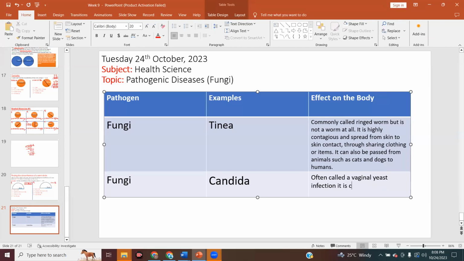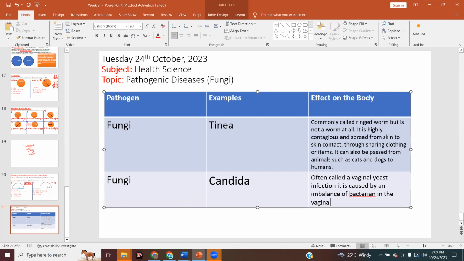It is caused by an imbalance of bacteria in the vagina, or other diseases such as diabetes.